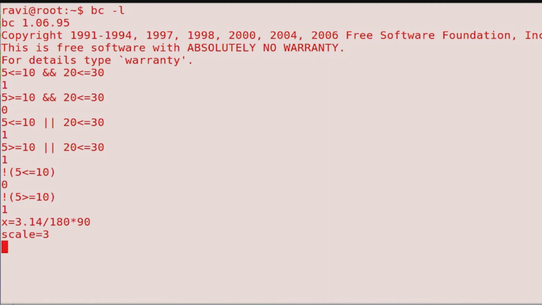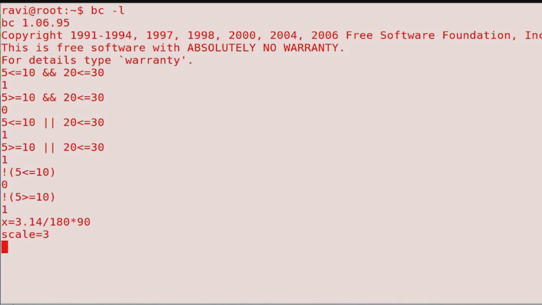The library function s(x) denotes sin of x, c(x) denotes cos of x, where x is in radians. So we have used a formula x = 3.14/180 * 90 so that 90 degrees can be converted into radians and it is given to the variable x. We have used the formula pi radians is equal to 180 degrees for the conversion.